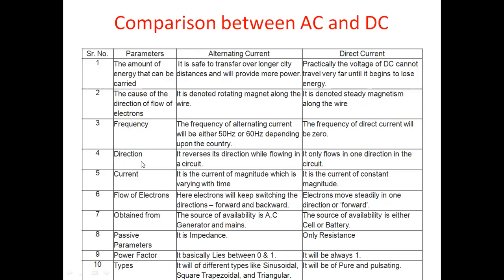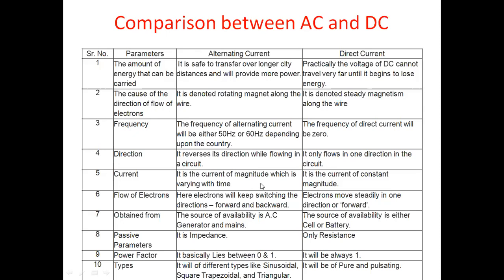Next is direction. We have seen that in the case of AC, the direction continuously changes, that means it varies, and in DC there is only one direction of current flow. Next is current.